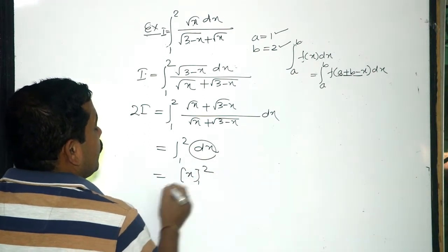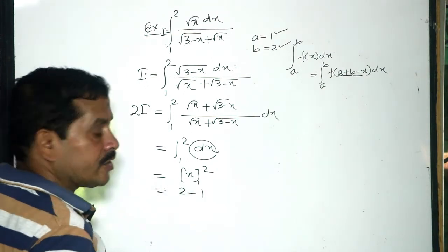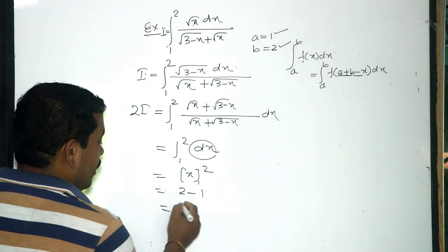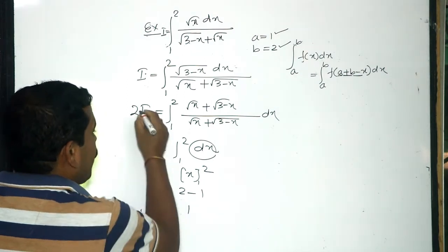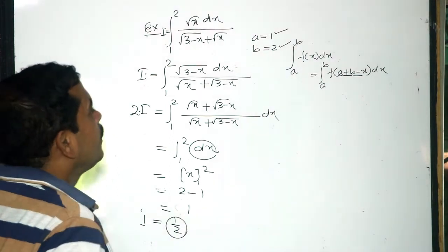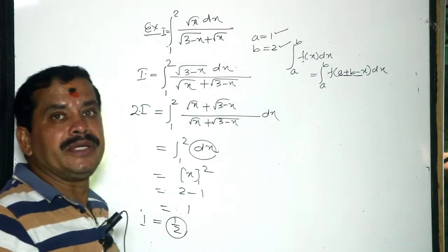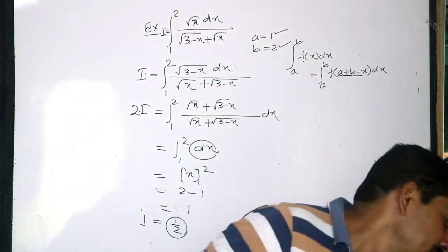Now putting upper limit minus lower limit, it is 2 minus 1, that is 1. So 2I equals 1, so I equals 1 by 2. So this type of integration can be evaluated by using these properties.